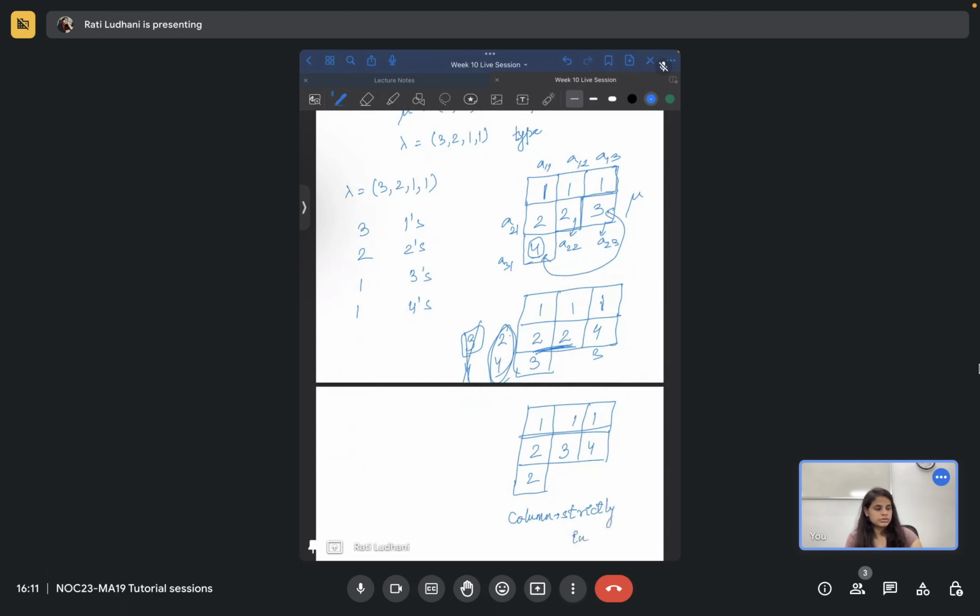Whatever, if you say mu1, mu2, mu3, this should be strictly increasing. There is no equality, but over the rows you can have equality.